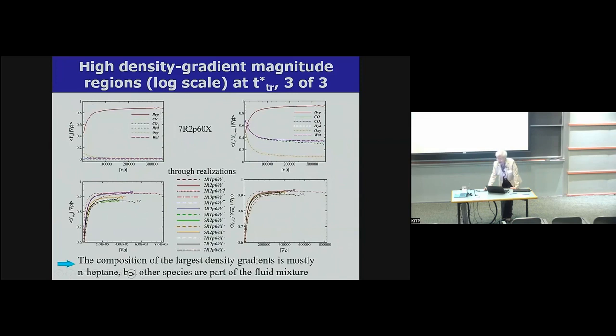And here it's actually amplified by dividing by the maximum mass fraction in the system. And that's for one case, but if you look at all the cases, it's exactly the same, okay? So these regions of high density gradient magnitude are the regions in which all the species are there.